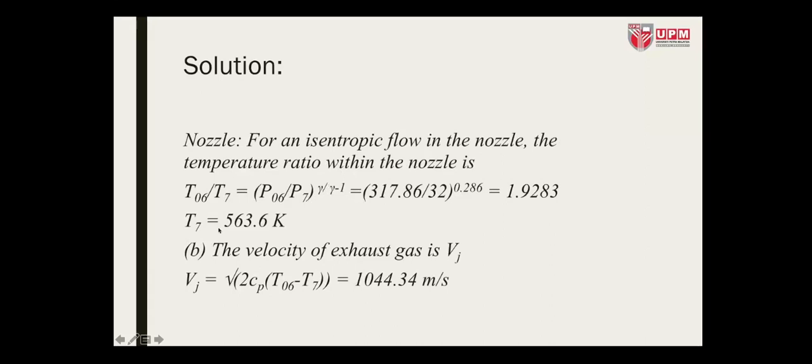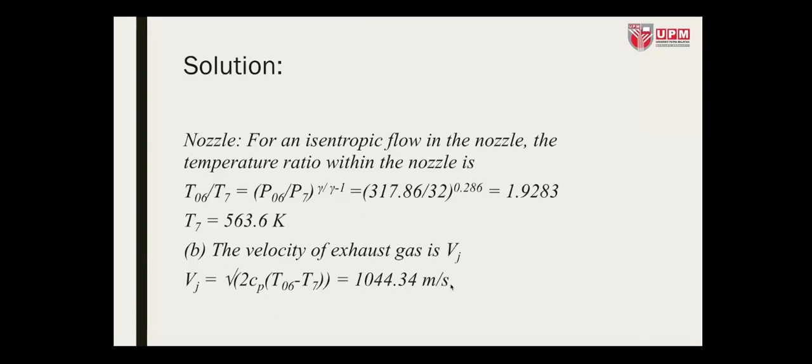When you put down the numbers, you will have T7 become 563.6 Kelvin. Then you can get the second part of the question, part B, to find the velocity of the exhaust gas, Vj, where Vj is equal to 1044.34 meter per second.